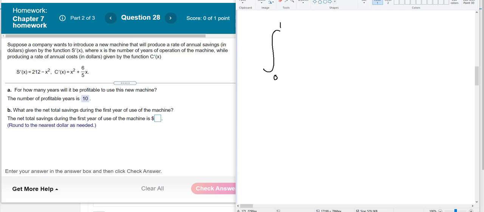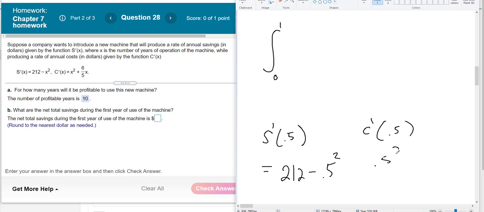So I'm going to choose a half. I'm going to do S prime of 0.5, and I'm going to do C prime of 0.5. So that's going to be 212 minus 0.5 squared, and 0.5 squared plus 6/5 of 0.5.